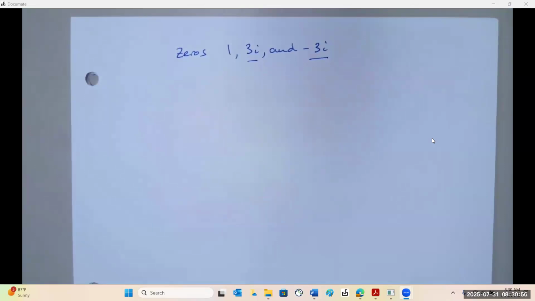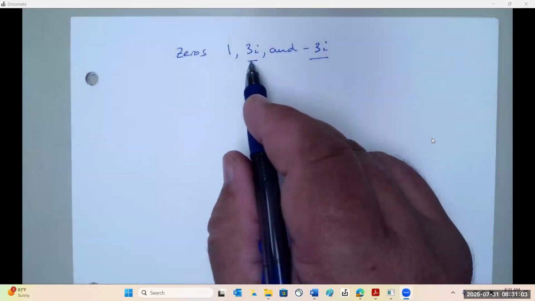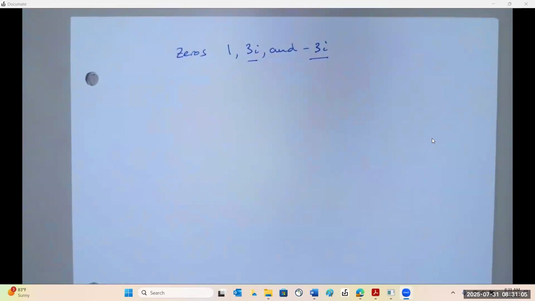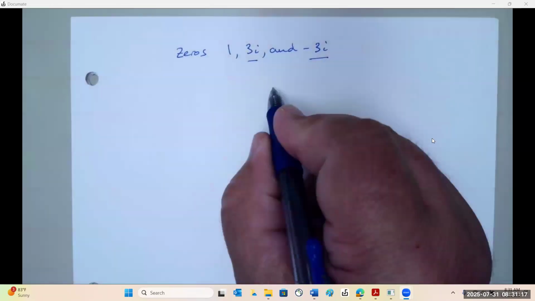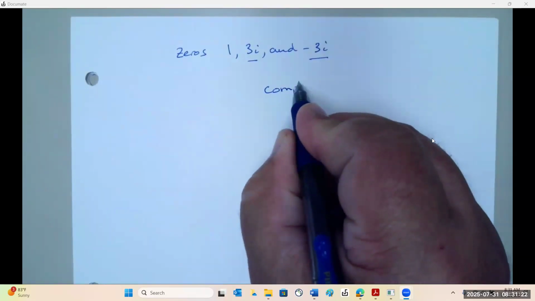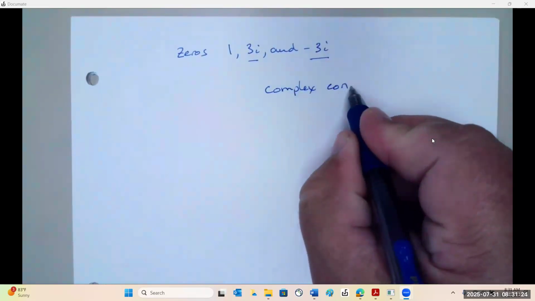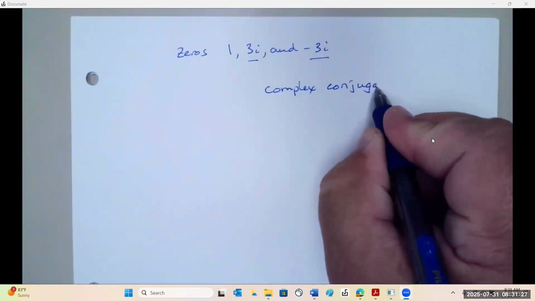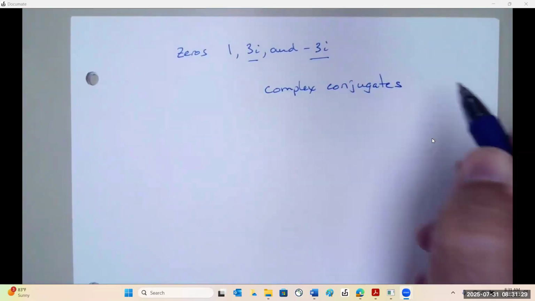What's different about those two? The sign. What is it called when they have different signs? Same numbers, different signs. Good thought. No. Whenever you deal with imaginary numbers, they're called complex conjugates.